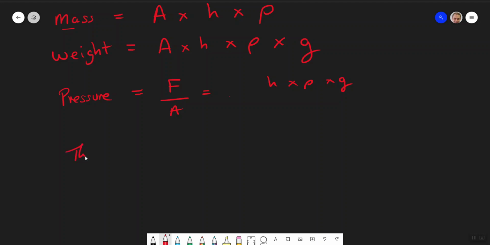So the pressure due to a liquid increases with, well, the first thing is the height of liquid above.